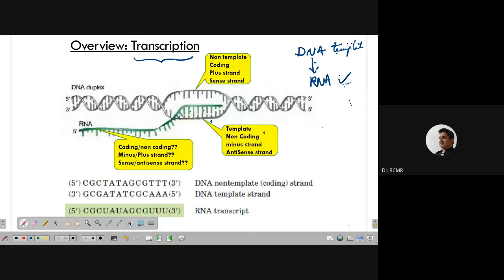And why do we call it transcription? Transcription means something like rewriting. It's rewriting the same thing in the same language. Here, the language is nucleic acids.